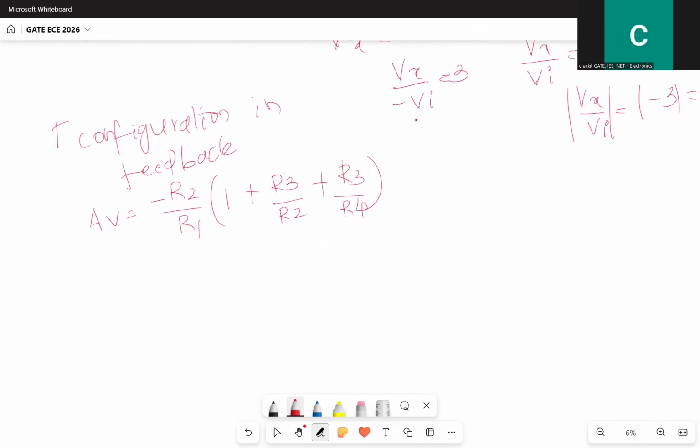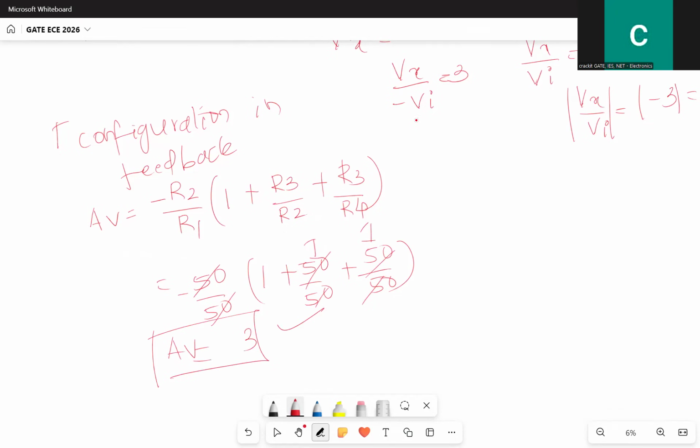So if you substitute 50 by 50, 1 plus 50 by 50, plus 50 by 50, this cancels, this cancels, this cancels. So this is 1 and this is 1, 1, 1, 1. This is 3. So your closed loop gain for this question is 3.